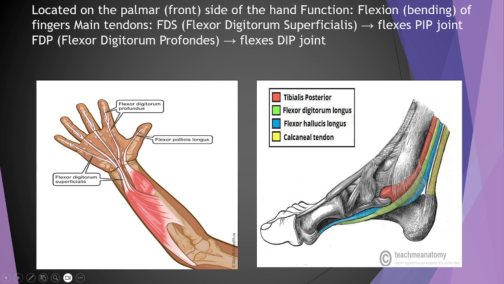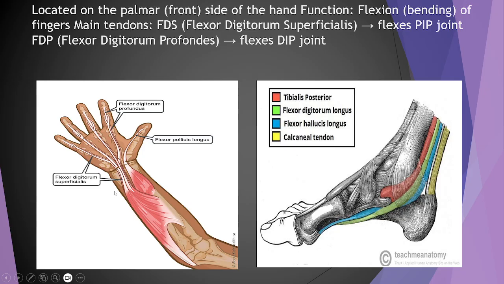So in the finger, what is the structure? There is a proximal, middle, and the distal. So in the proximal region, if the PIP joint flexes, then it is due to the FDS tendon. And if the DIP joint, that is the distal interphalangeal joint, flexes, which tendon is responsible? Flexor digitorum profundus. You can feel that.